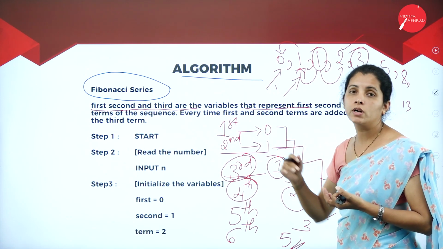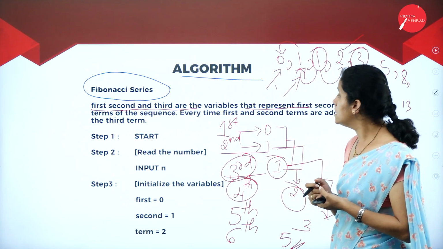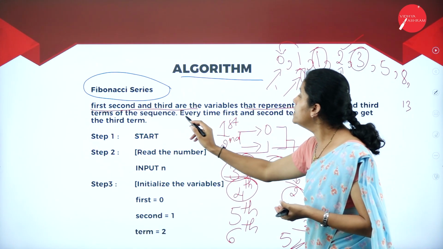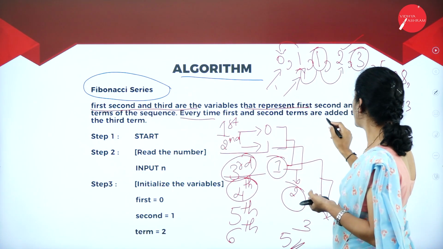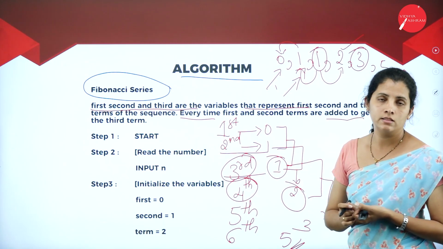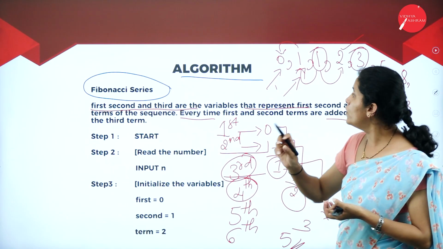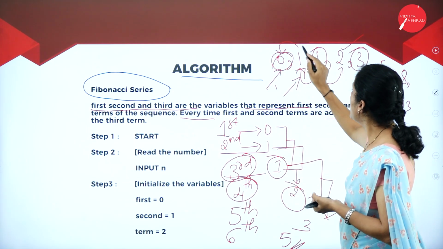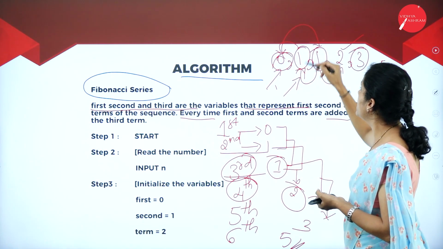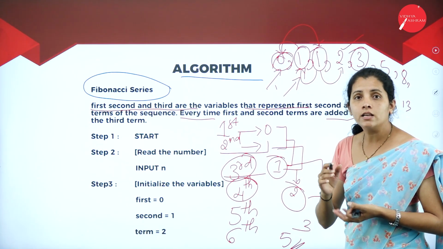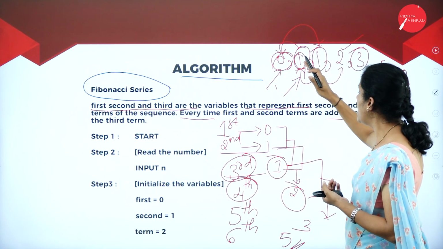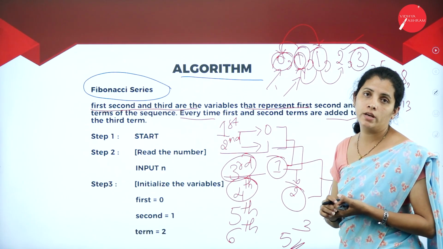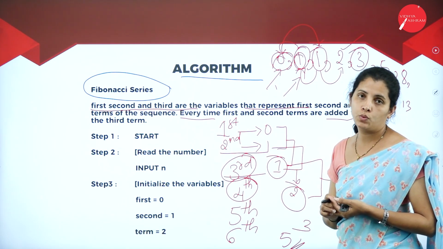Every time, first and second terms are added to get my third term. That means I add the first term and second term to get my third term, and once again I add this second value with my third value to get my fourth value.